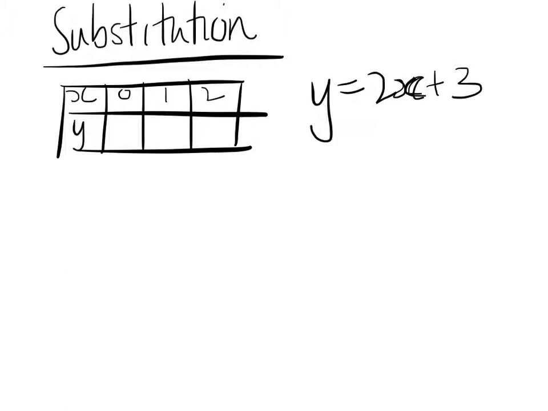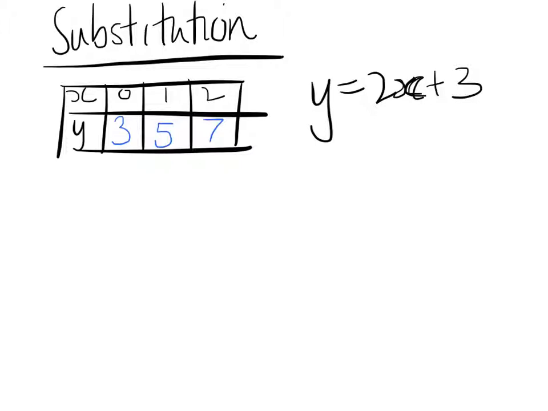I don't need to rearrange the equation, then I just substitute this in. So wherever I've got x, I'll put in these numbers here at the top. So I've got 2 times 0 is 0, plus 3 gives me 3. 2 times 1 is 2, plus 3 is 5. 2 times 2 is 4, plus 3 is 7. And etc.